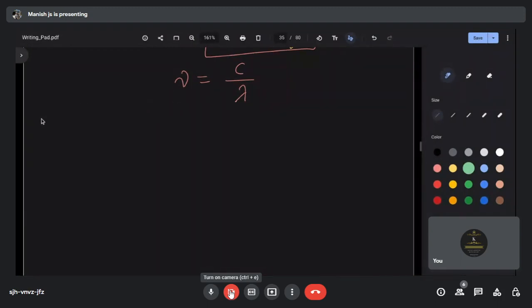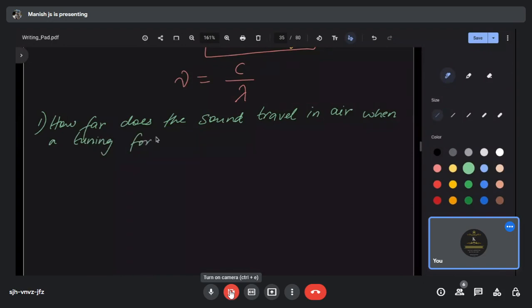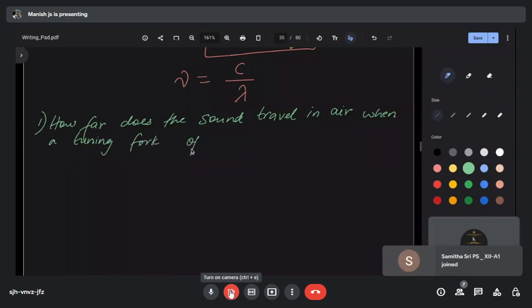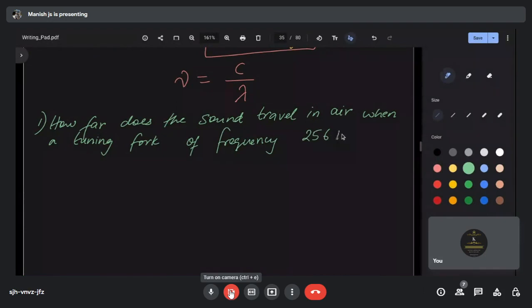How far does the sound travel in air when a tuning fork of frequency 256 hertz makes 64 vibrations.